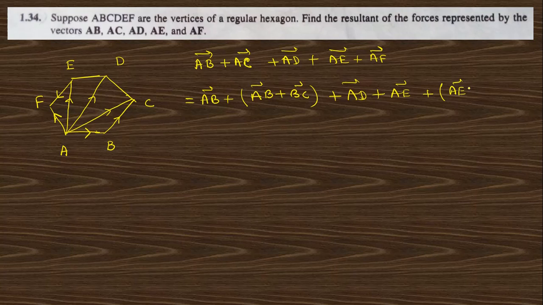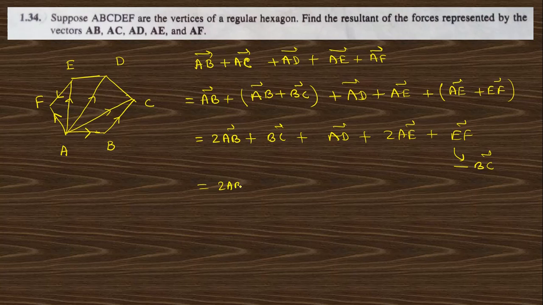So this is 2 AB vector, this is BC vector, this is AD vector, this is 2 AE vector and EF vector. You can see this EF vector is nothing but minus BC vector, so BC vector cancels out.